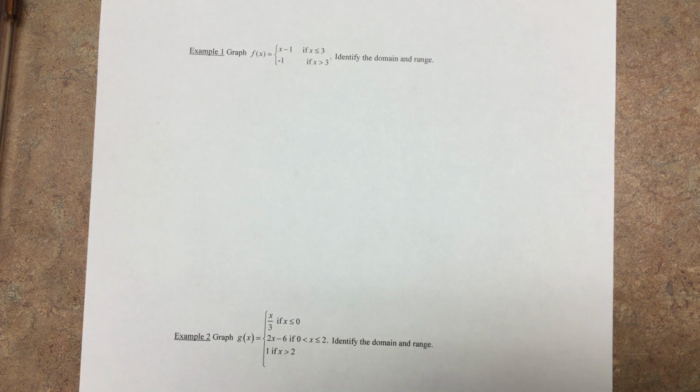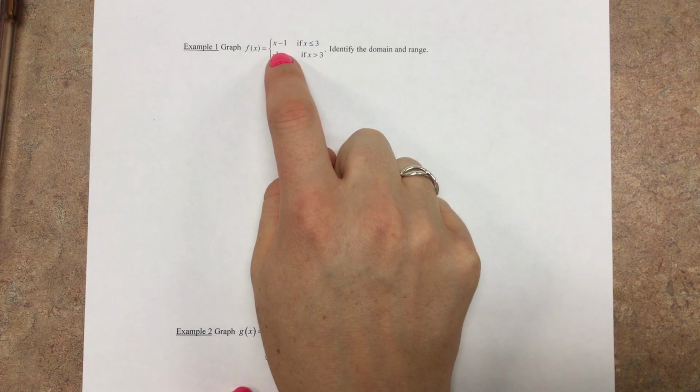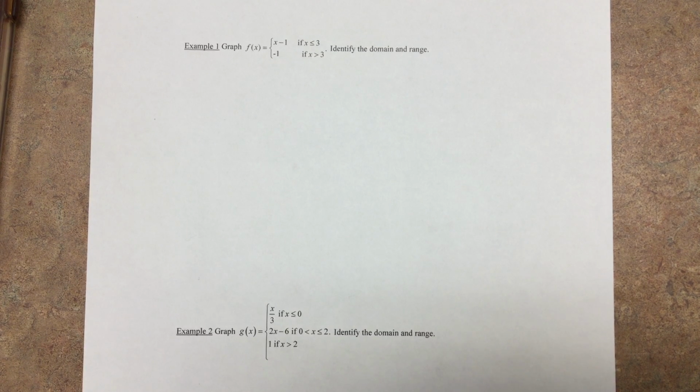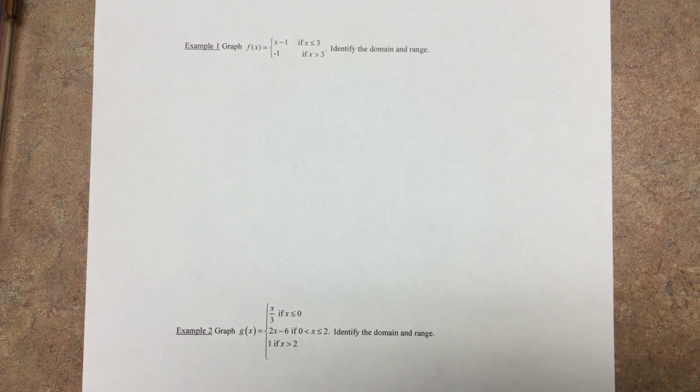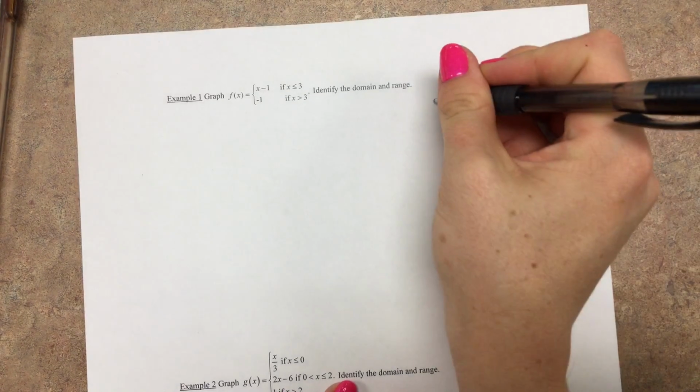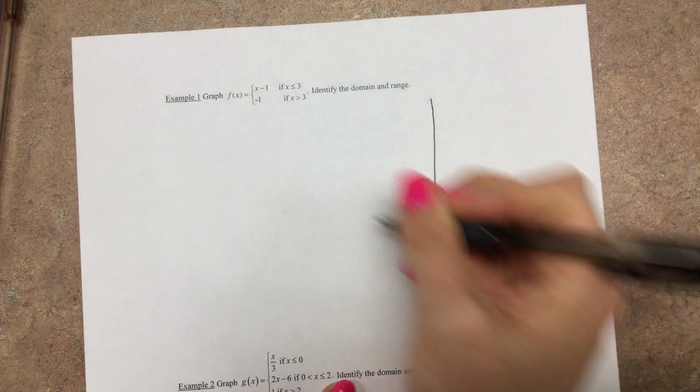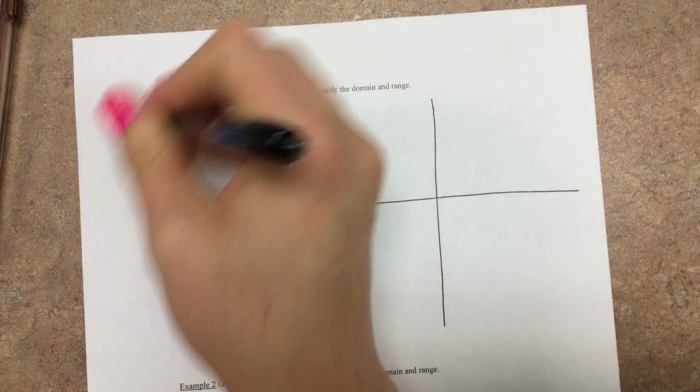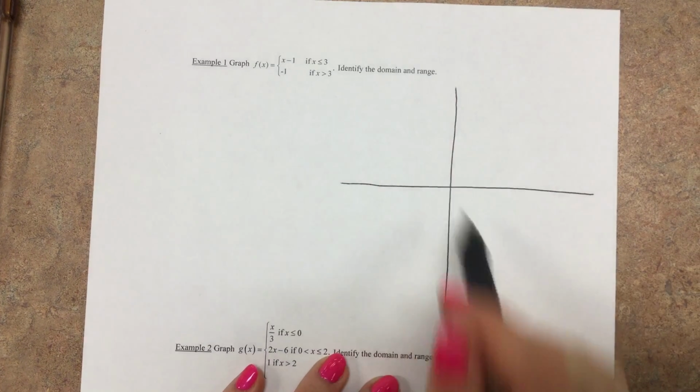All right, so really important piece that you want to keep in mind. Each one of these pieces has to stay within its domain. So picture it as like being on its own property. Each piece must live in its own property. So the very first thing we want to do is put up kind of a fence in between. So keep all your work kind of over on the right-hand side here, and then we'll do all of our scratch work over here so we get the graph.